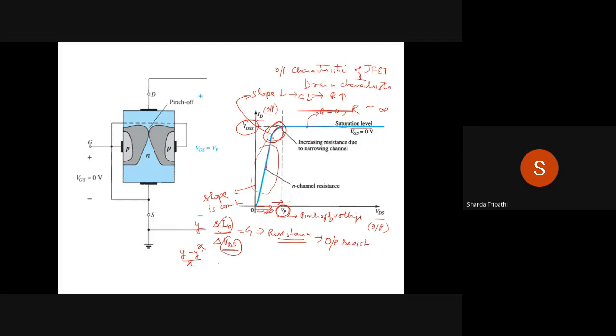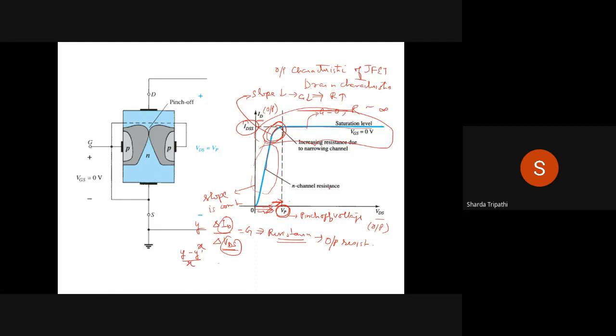So now let us see why this is happening. Okay, initially तो समझ में आया why this is increasing in a steep manner, because the resistance across the channel was uniform, and if the resistance is uniform, you increase the value of voltage, then accordingly the current increases. That is the reason for this curve being linear over here. अब क्या होता है कि जब VDS is approaching this VP, what happens?